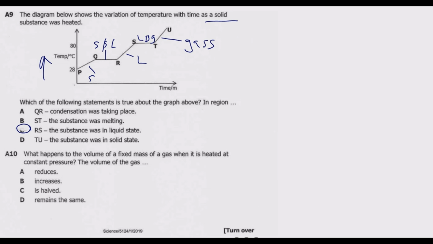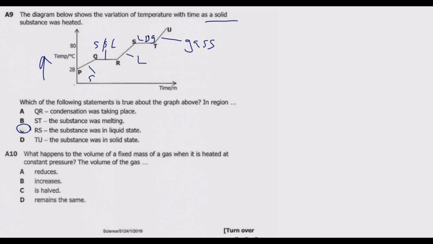Alright, then TU is gas, not solid, so D is incorrect. Number 10, what happens to the volume of a fixed mass of gas when it is heated at a constant pressure? For us to answer this question, we can look at Charles' law, which states that volume is directly proportional to the temperature at a fixed mass and constant pressure.